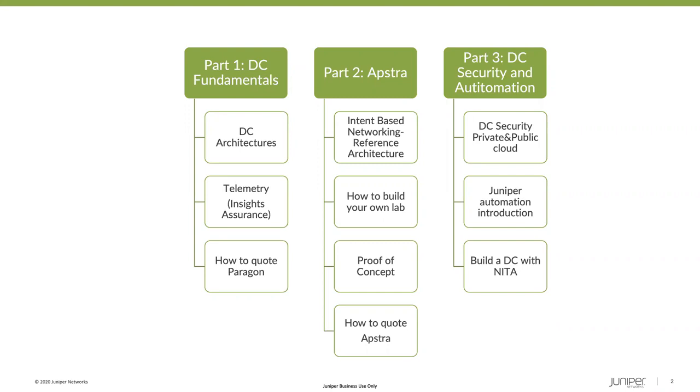And last but not least, for those of you who have customers, or for you partners who have your own automation framework based on Ansible, we will look into how we can use playbooks that Juniper Professional Services has done for 7 years, and as of, I think, December last year, made public on GitHub. So that's an alternative to Apstra if you want to use controllerless. So that's the series we're doing.